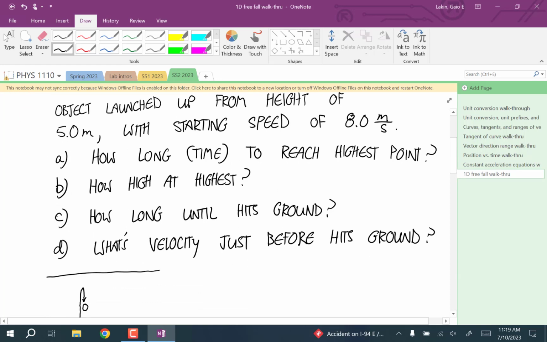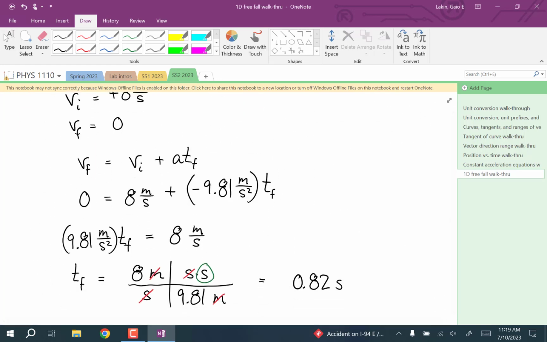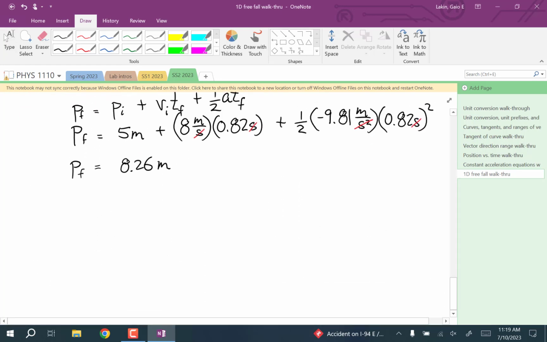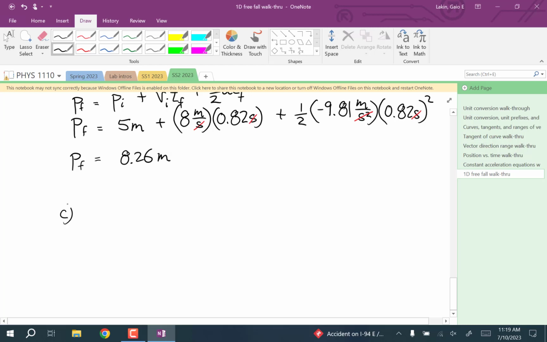Now we're going on to part C. We're trying to calculate the elapsed time for when the object hits the ground. We can keep our position equals 0 and our positive direction the same, but think for a second about whether we need to change either our time equals 0 or our time final.